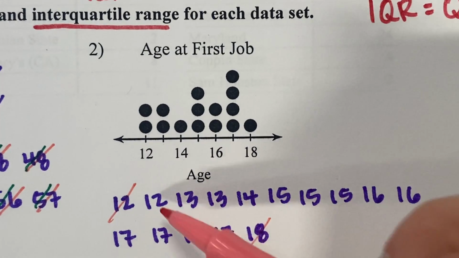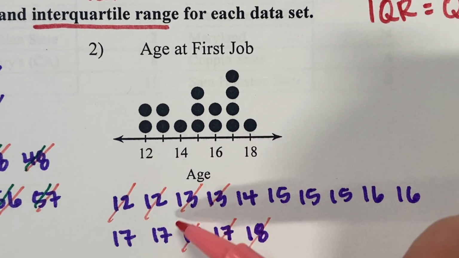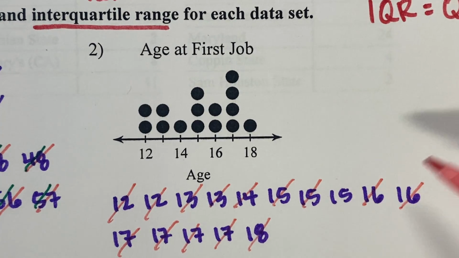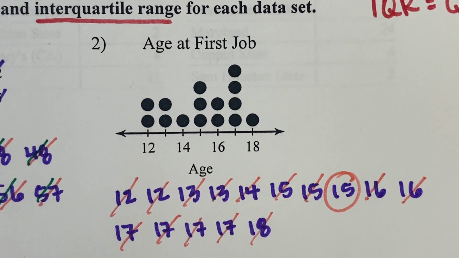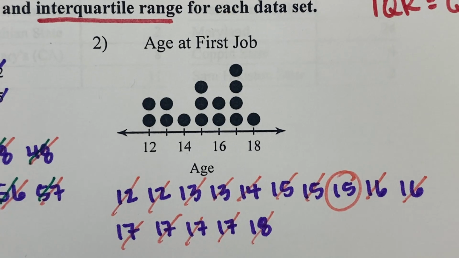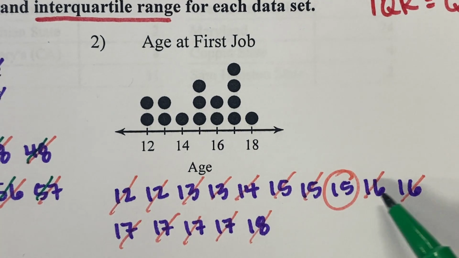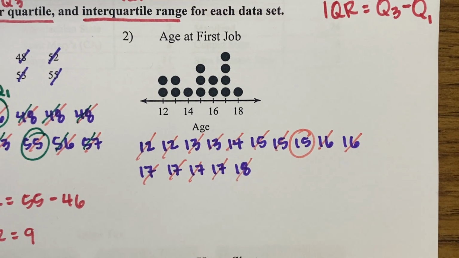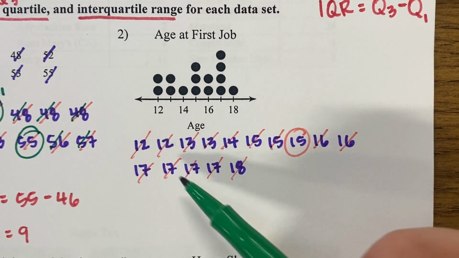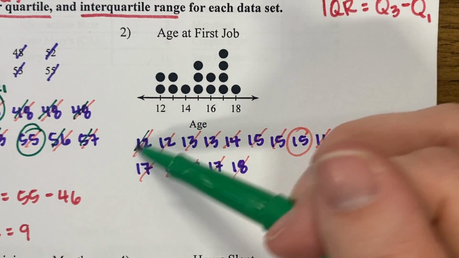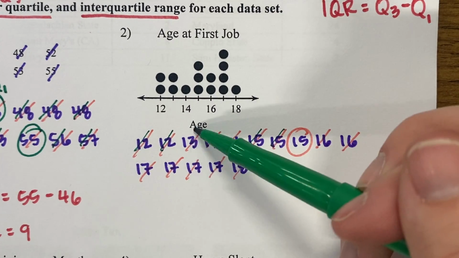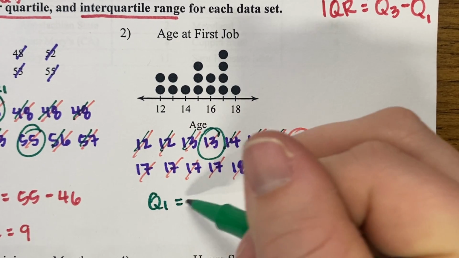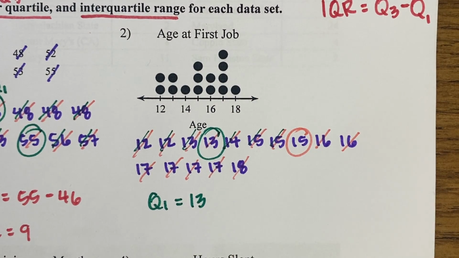1, 1, 2, 2, 3, 3, 4, 4, 5, 5, 6, 6, 7, 7, and there we go, there's our median. Now we just find the median of our first half and the median of our second half. Let me zoom out just a little bit. I'll do my lower quartile first. 1, 1, 2, 2, 3, 3. So our lower quartile is 13.